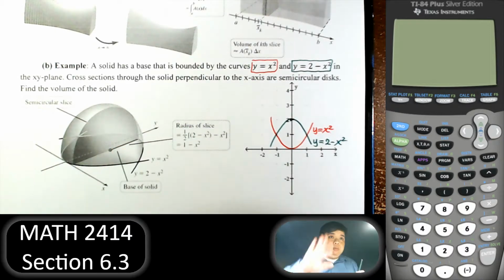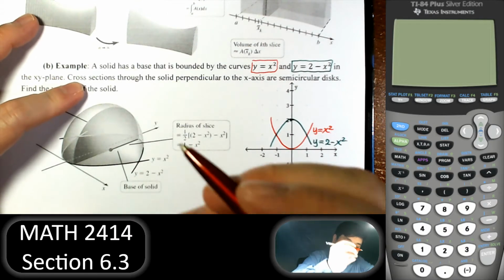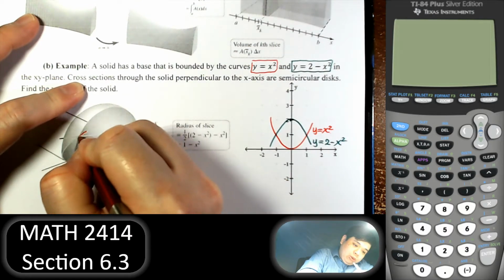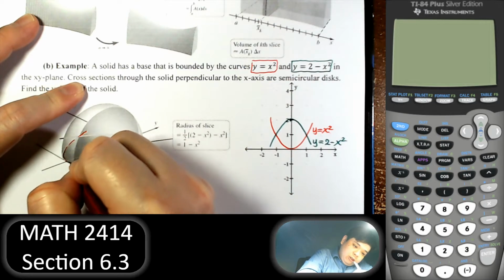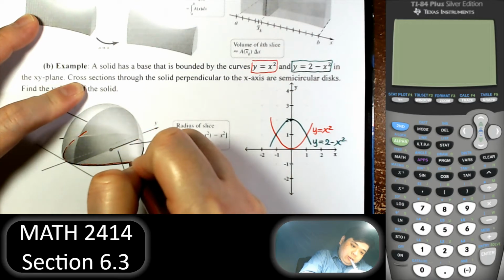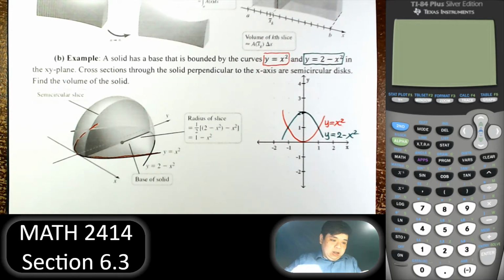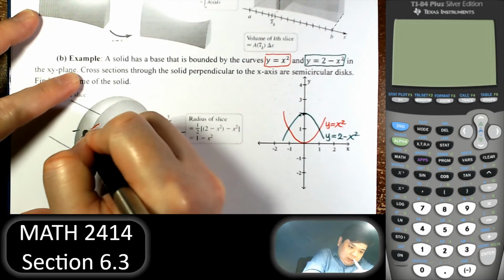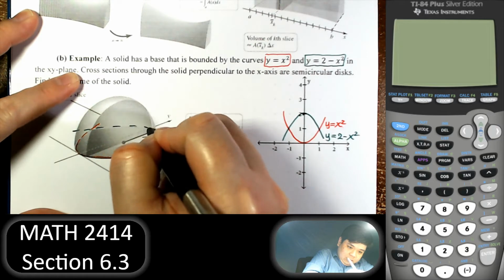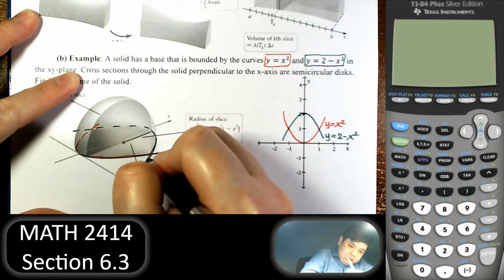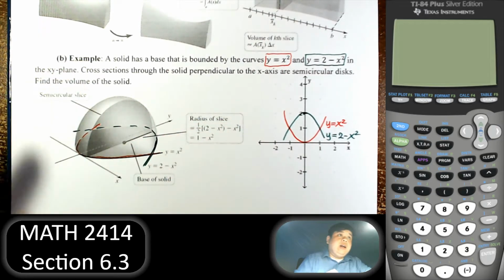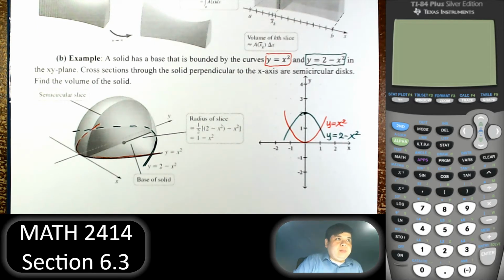Now if we put that in three dimensions, we have one curve, y equal to x squared, and the other one, y equal to 2 minus x squared.